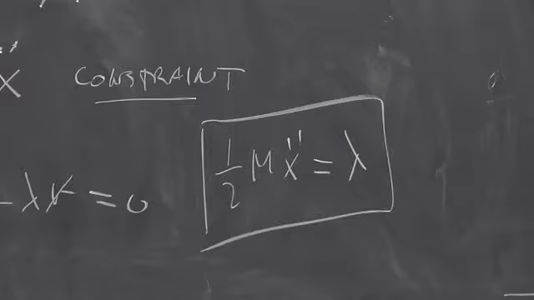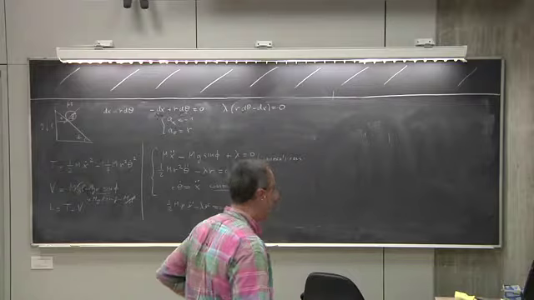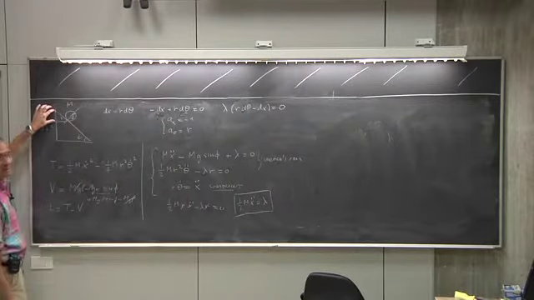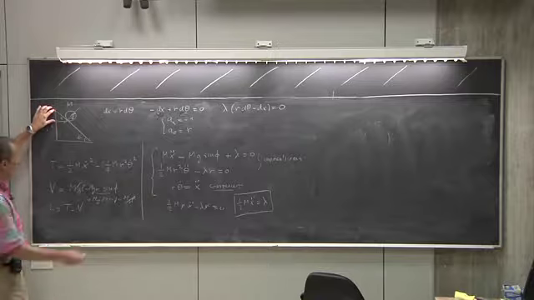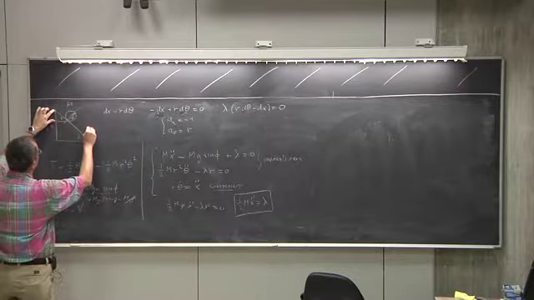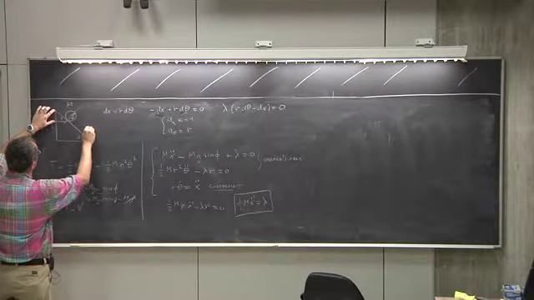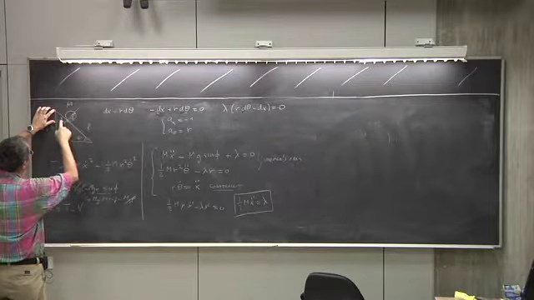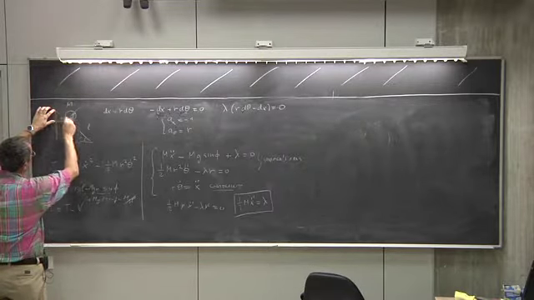But it's the same if you add or subtract the constant, right? You want this distance here, right? So this distance here is what? If I take x sine phi, this is this.